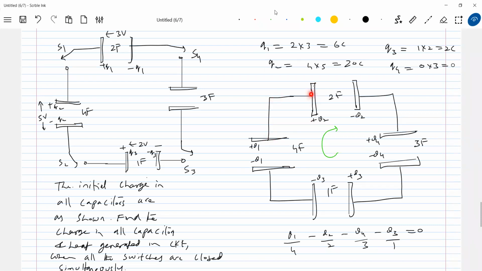Because you see that they're connected by a wire. The charge of this plate cannot go elsewhere. So what was the earlier charge of this one? Plus Q1 plus Q2. I'll change the symbols.